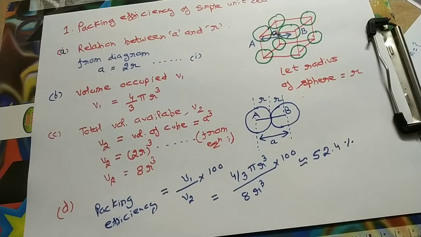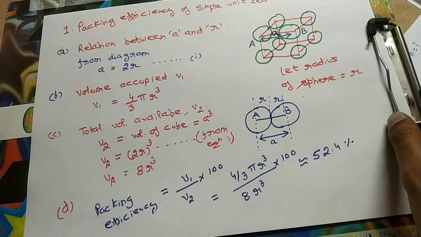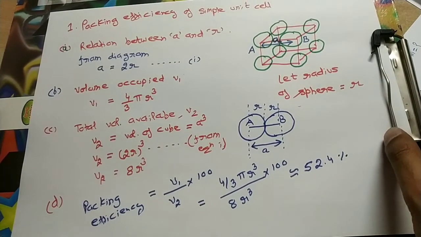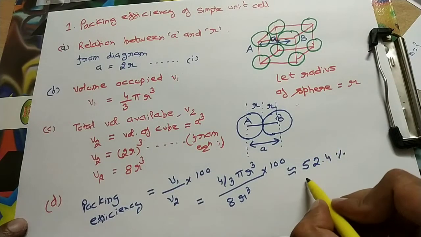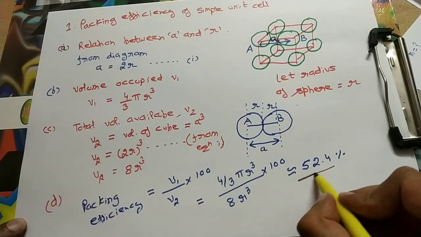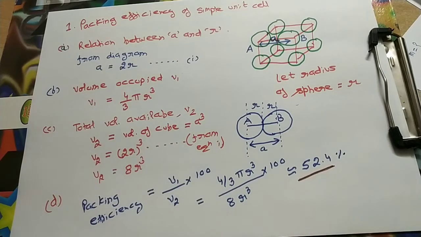Okay, so packing efficiency in case of simple or primitive unit cell is 52.4%.